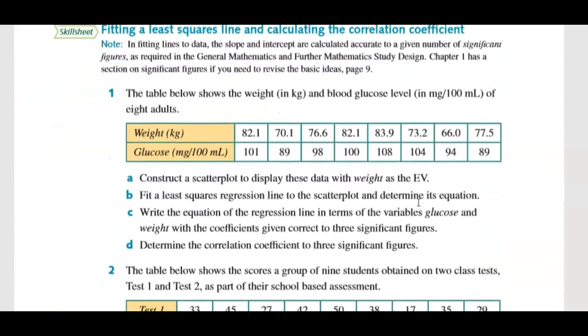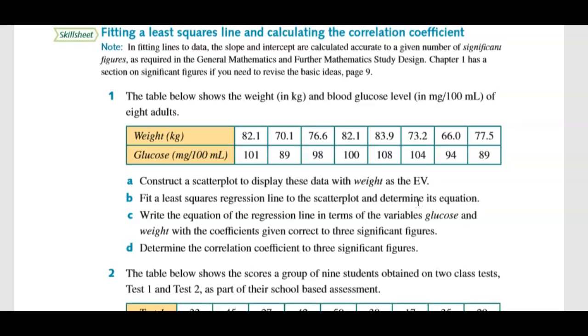All right, so I just want to read what it says up there. Okay, so significant figures. That's important. Significant figures will always be tested in regression. It's on the study design for Further Maths.